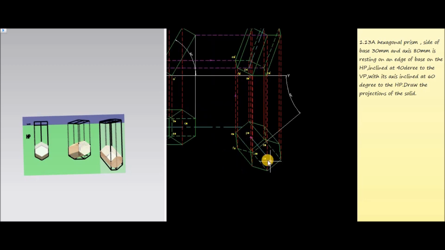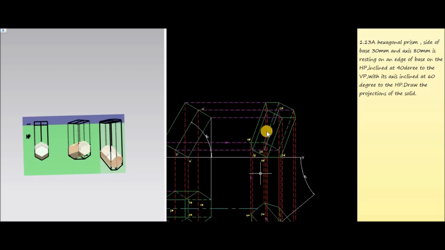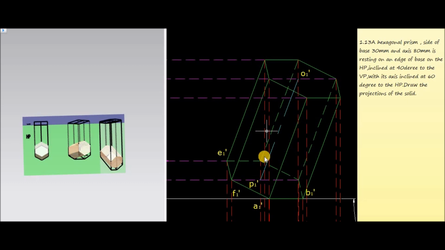Now again, for getting the top view of the final stage, extend all the projection lines from the top view in upward direction perpendicular to XY line, and extend the front views of the hexagonal prism in second case, which makes 60 degree, in rightward direction. Again join all the corresponding points.